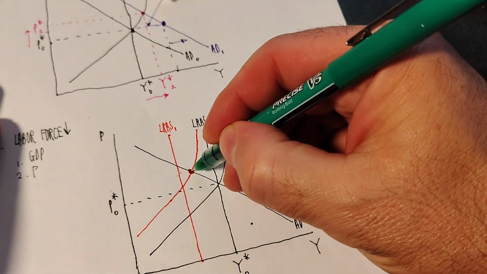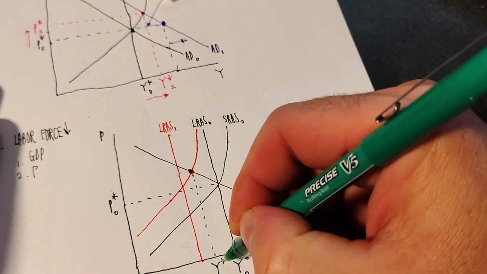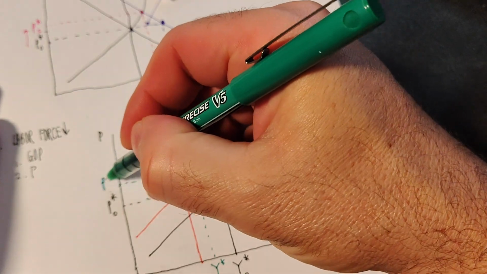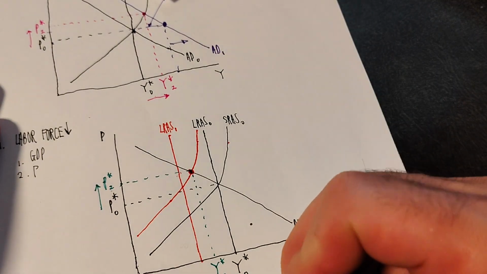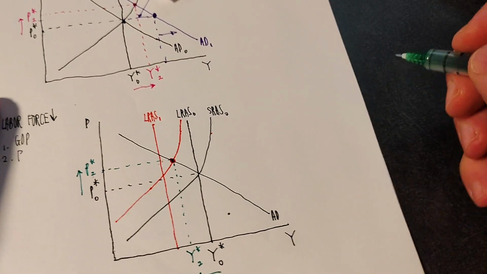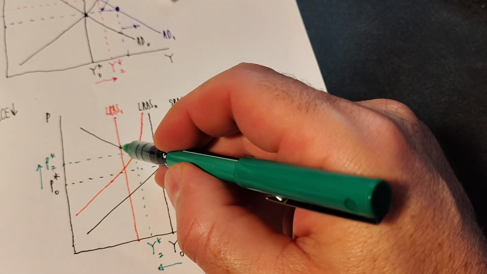So now here is our new Y star 2, and here is our P star 2. So we can see we have that scenario of stagflation we were talking about earlier on. All right, so here, and again, I should have drawn this with equilibrium kind of up here.